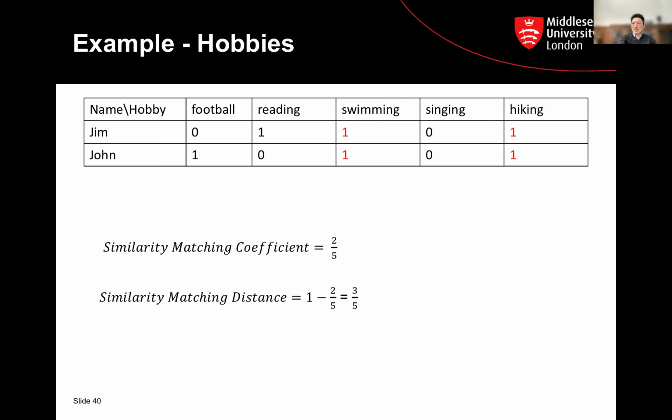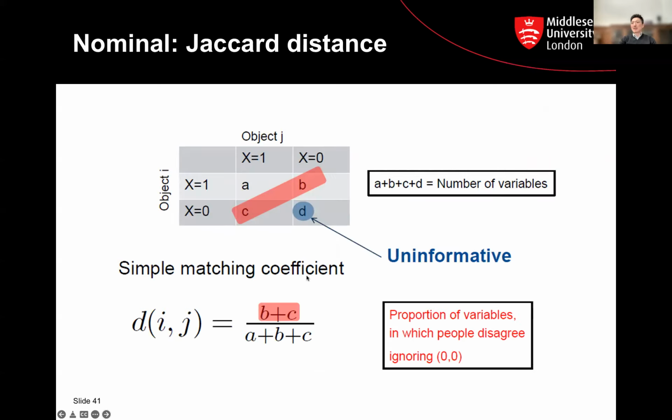Okay. And so this similarity matching coefficient can lead to a different distance matrix called Jaccard distance. And it is based on whether they are similar or not in different dimensions.